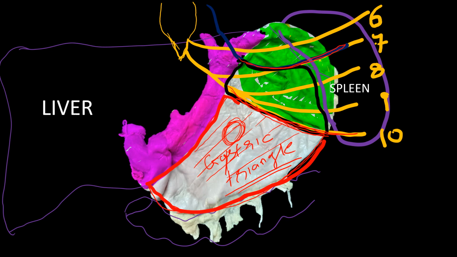So the area between the inferior border of the lung and the left costal margin is in relation with the stomach. This area is only pleura of the lung.